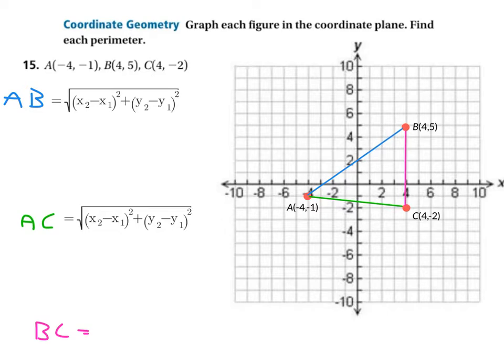So I'm going to start with A to B. Let's call A point 1, so we have x1 and y1, and let's call B point number 2, x2, y2. Then I'm going to sub in these numbers.